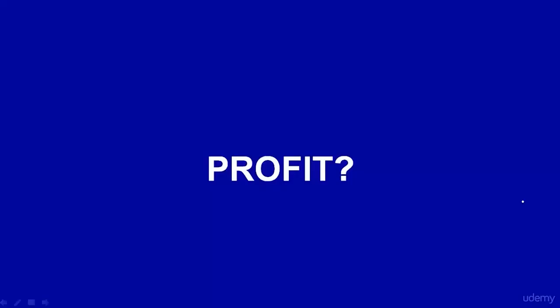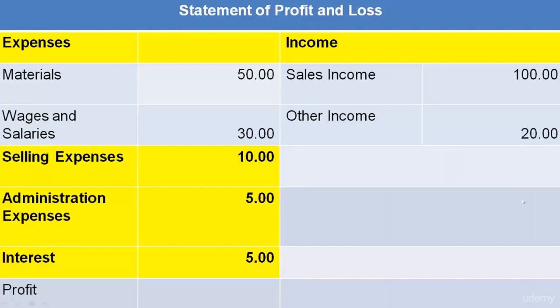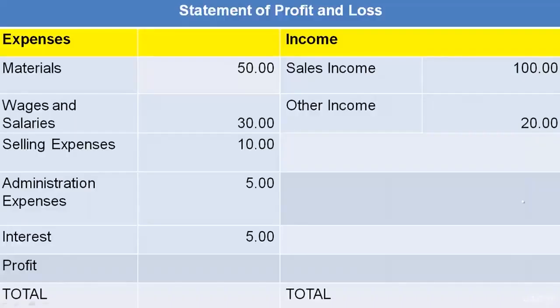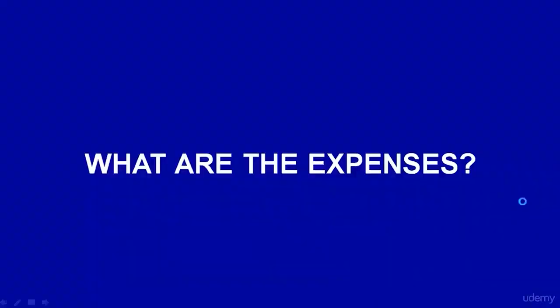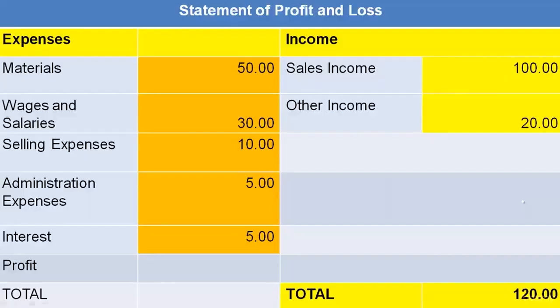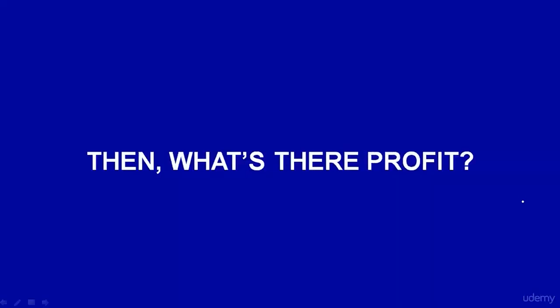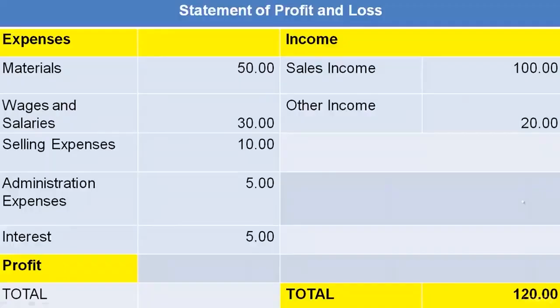So now what is the profit? You have income of 120, expense of so much. Let's see. Look at the total income. It's 100 plus 20, so it's 120. What are the expenses? We have various expenses: material, wages, selling, admin, interest, fine. And the total of expenses is 100 crores. So what is their profit now?